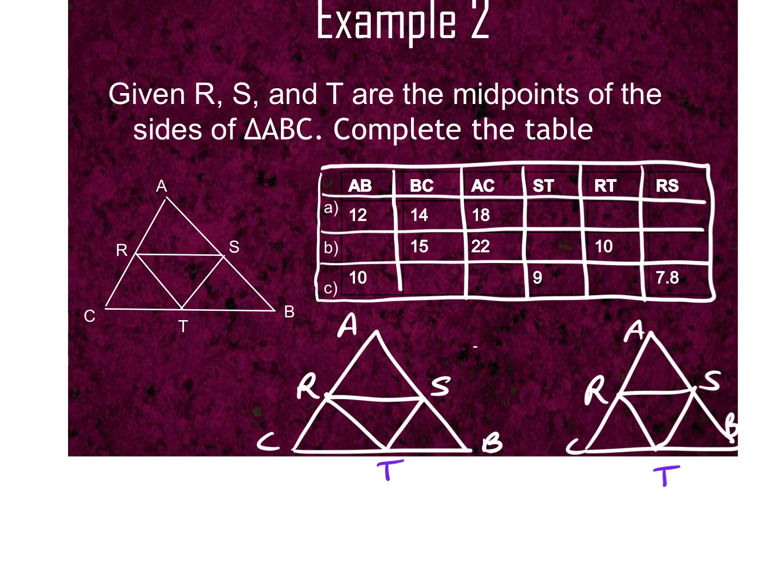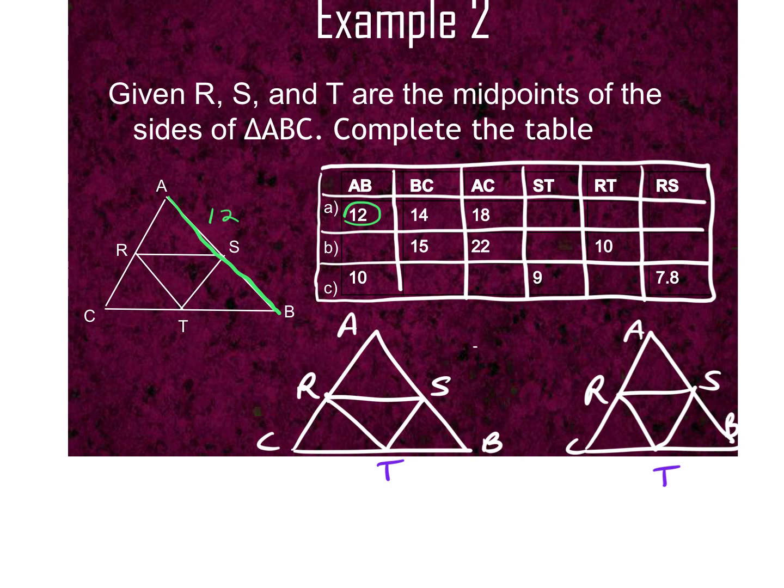Okay, let me go ahead and do the first one. I'll go over here and do it in green. They're giving me the length of AB, and they're telling me this side of this triangle has a length of 12. So I'm going to look for this segment.